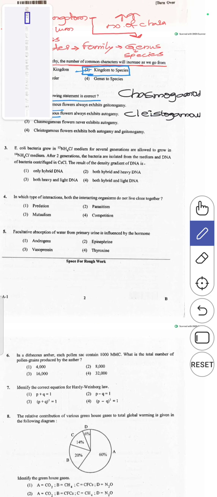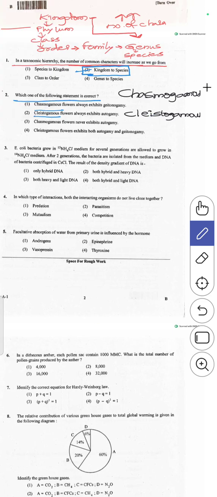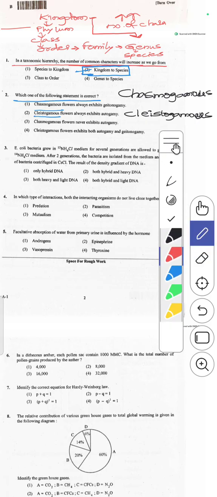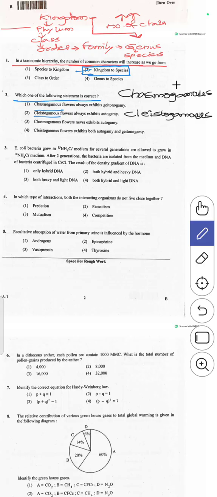So chasmogamous and cleistogamous. Here, the chasmogamous flower is always open, whereas cleistogamous flowers do not open. They will be always closed.